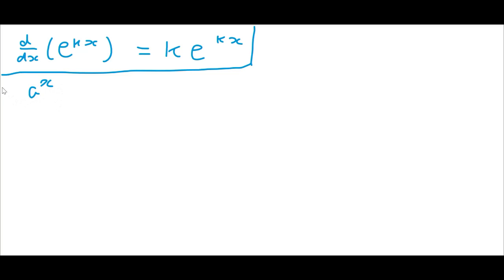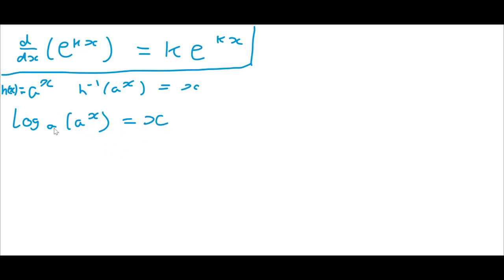So if this is some h of x equals a to the x, then h inverse of x applied to a to the x has to equal x. Okay? So the definition then is that log base a of a to the x is equal to x.